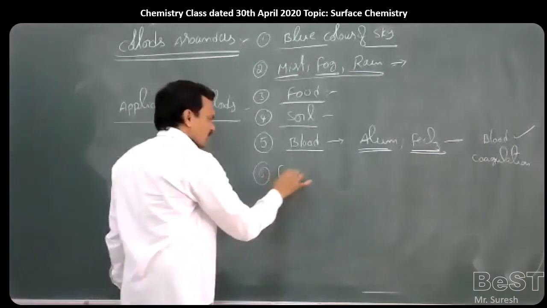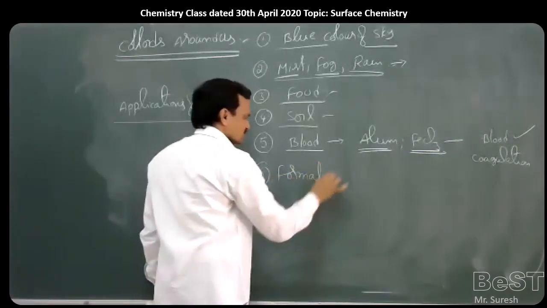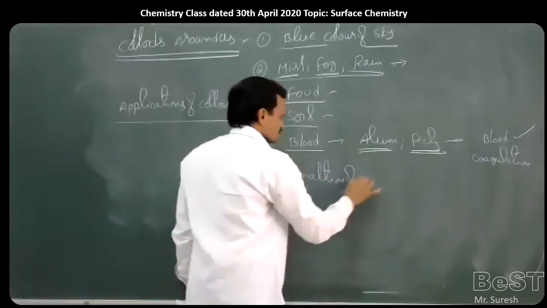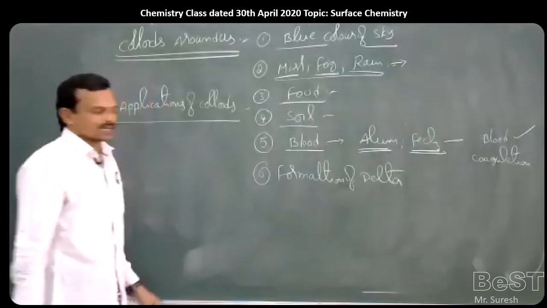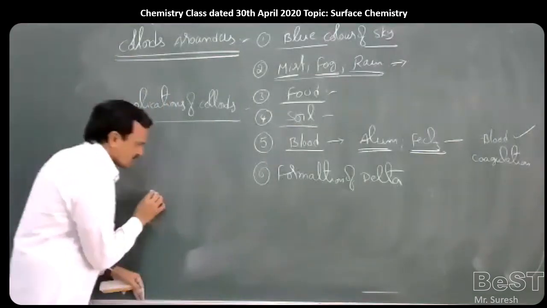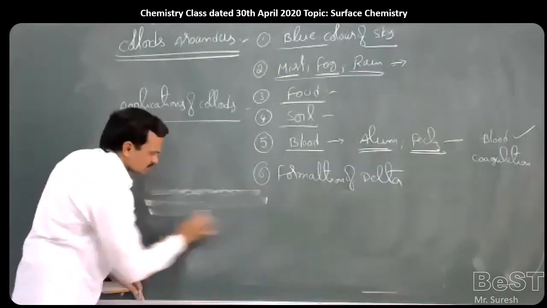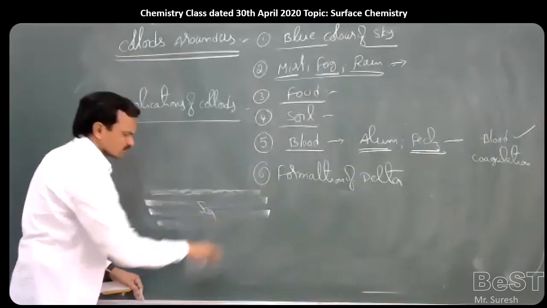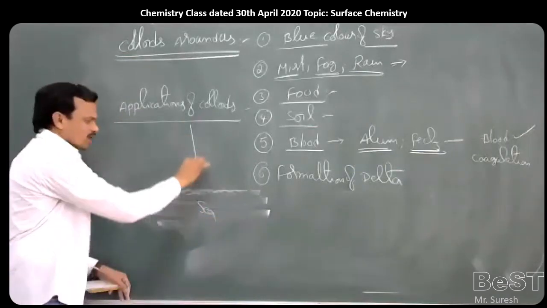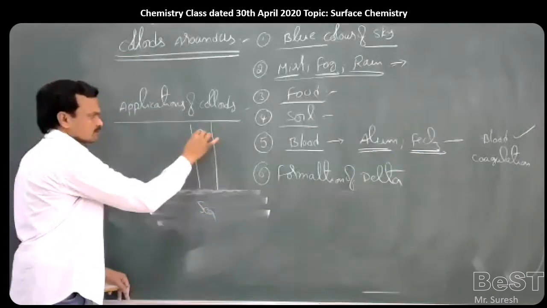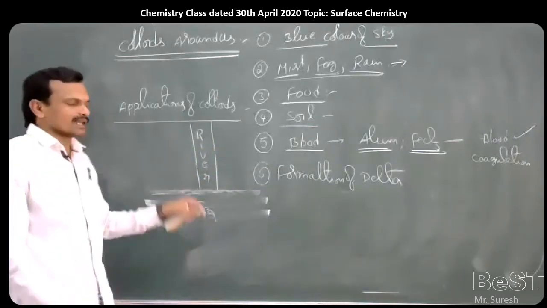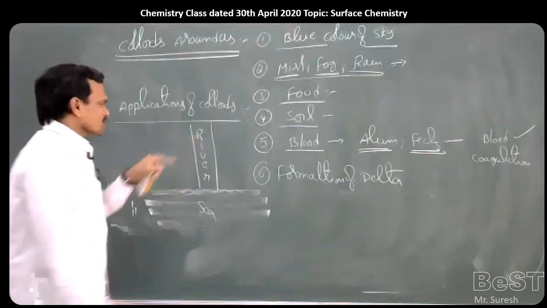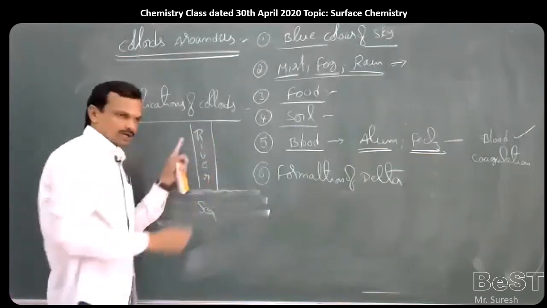Next, formation of delta region. So what is the delta region? Let us say this is sea water, sea, and this is river water. During the rainy season, the river water consists of clay particles, nothing but dirty water.